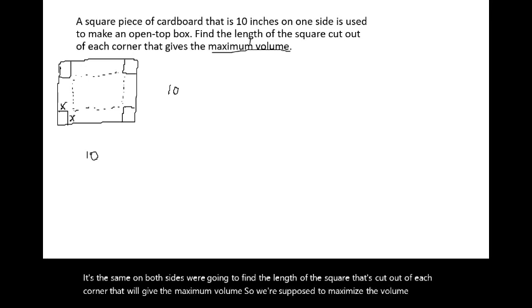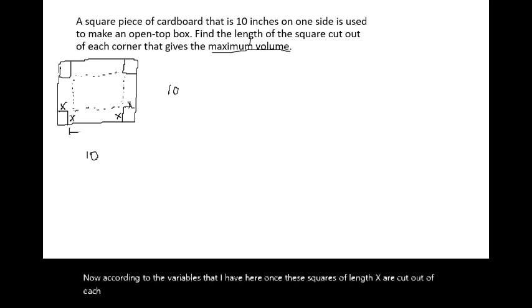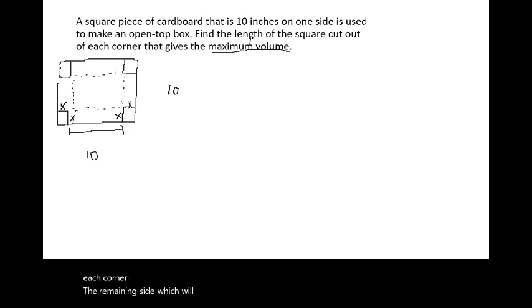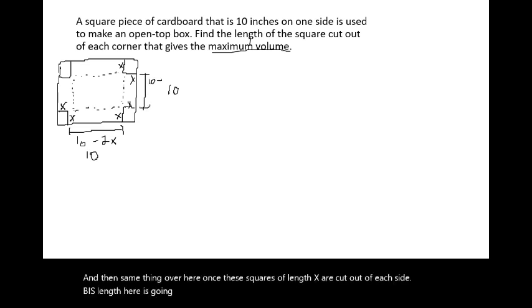Now, according to the variables that I have here, once these squares of length x are cut out of each corner, the remaining side, which will be from here to here, is going to be of length 10 minus 2x. And then same thing over here. Once these squares of length x are cut out of each side, this length here is going to be 10 minus 2x.